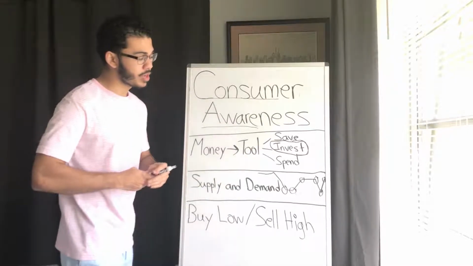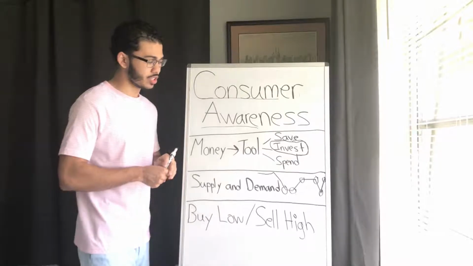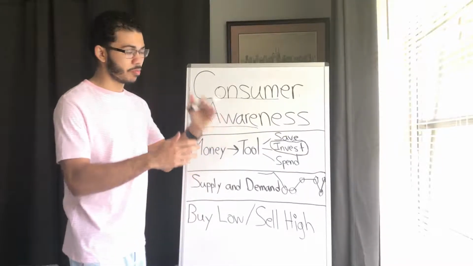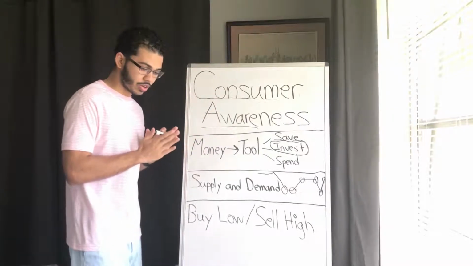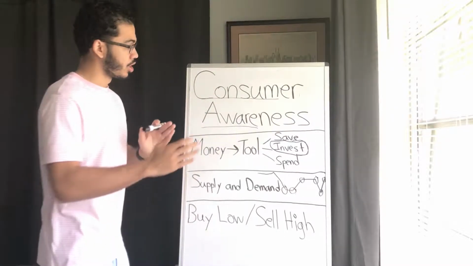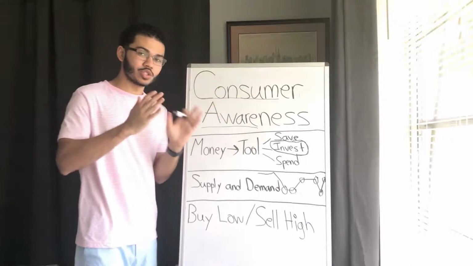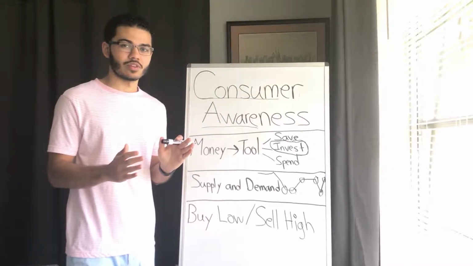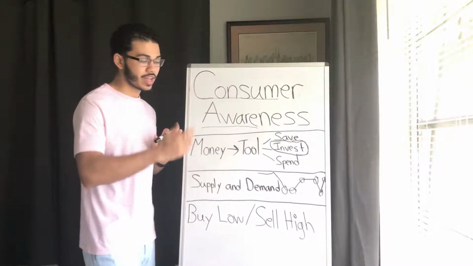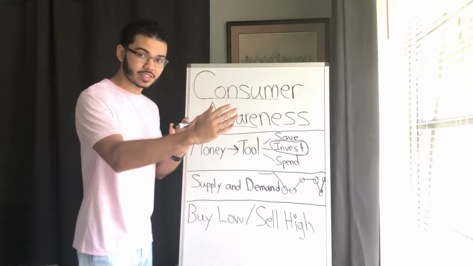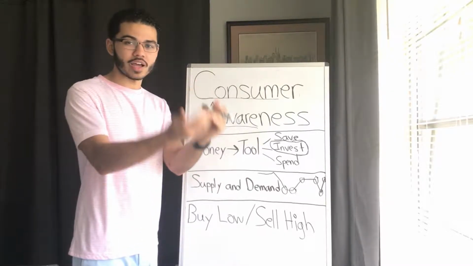So this topic, I might do another video just breaking down both sides, because as a consumer and as an investor, this definition has two different meanings, right? Because when we're talking about money, as the investor, remember, to invest, the objective is to multiply money.